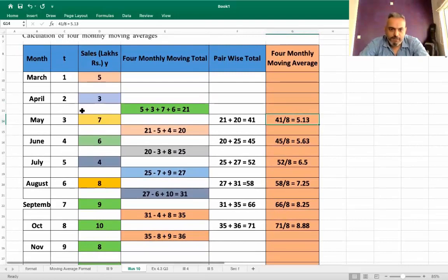So that's why first we went between 2 and 3, then between 3 and 4, and then we did the total. Basically we are taking the average of these 4 observations and these 4 observations. That is why we are dividing it by 8 to even out.